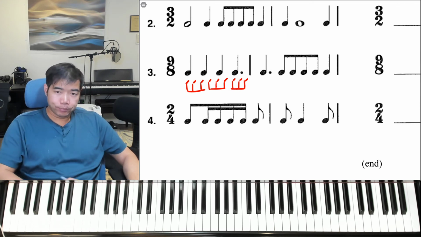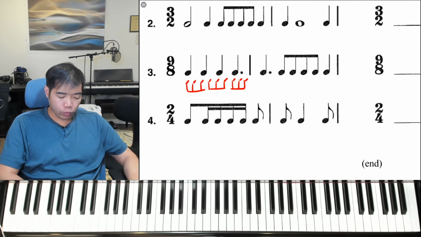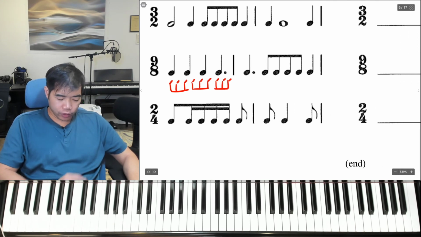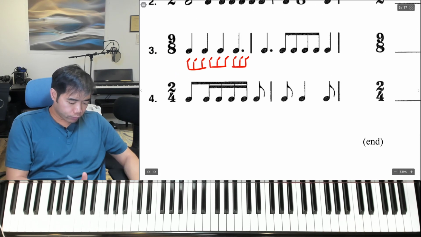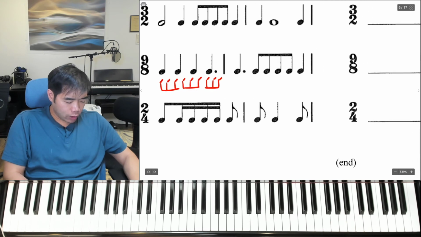And then you just have to re-notate this to fit this time signature. Okay, so I'll do this. This will be my last example. I don't want to do it all for you. I want you to challenge yourselves as well.